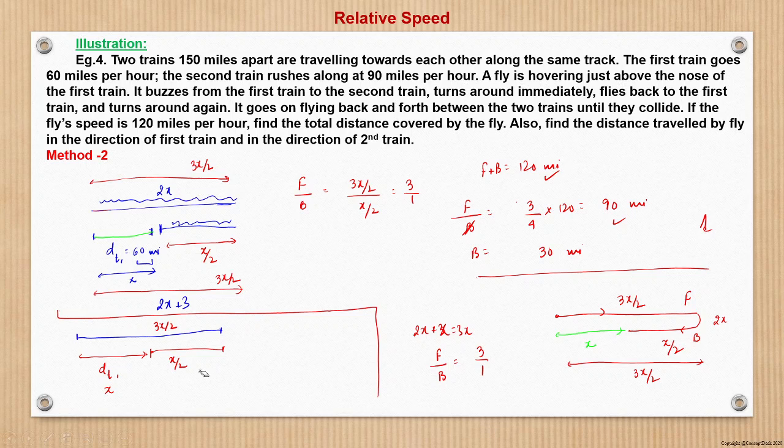And this pattern will be true for all the subsequent meets of the fly with the first train. So between every meet, the ratio of forward distance covered to backward distance covered is 3 is to 1. Therefore, the total forward distance plus backward distance combined is 120. So the total forward distance will be 3 by 4 into 120, which is 90 miles.